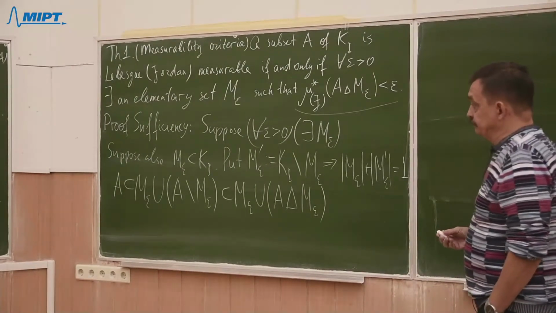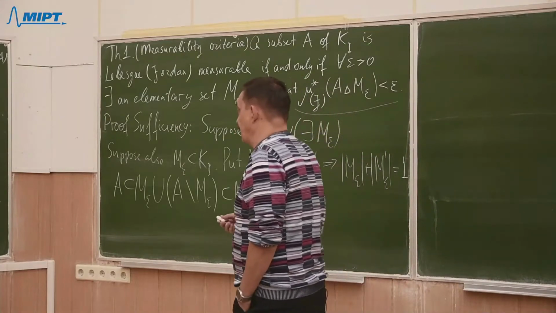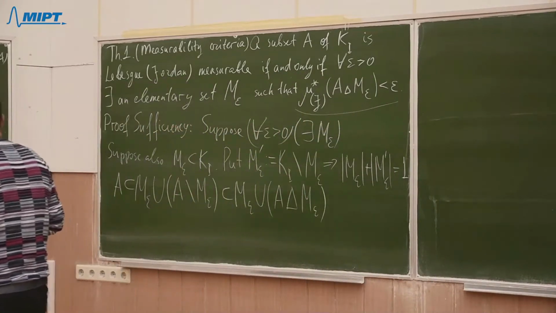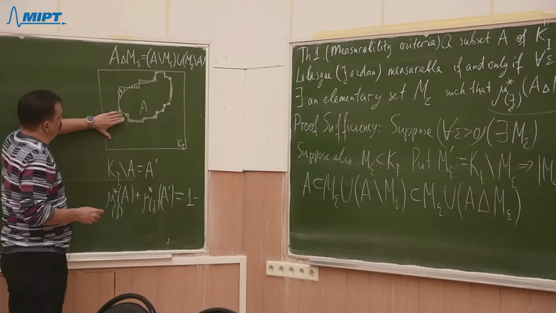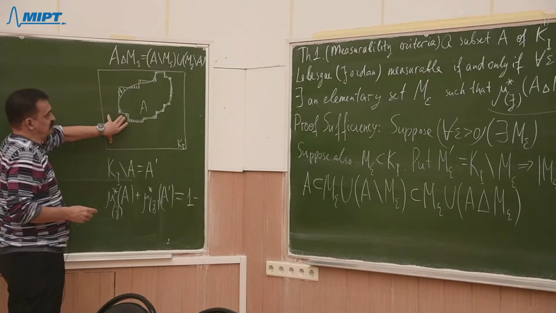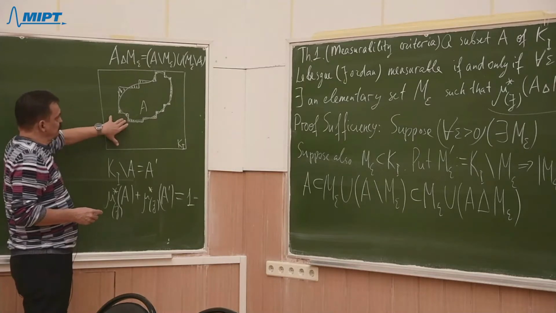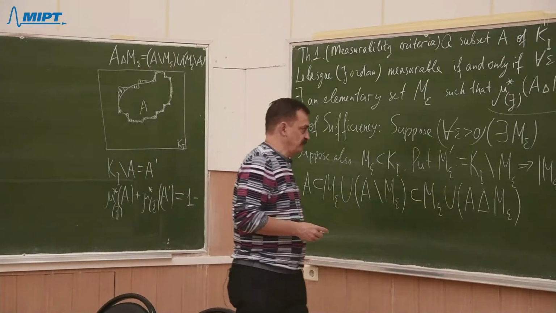Then look what happens with A prime. A prime is everything outside of A but inside our cube. And M epsilon prime, analogously, is everything outside of M epsilon.